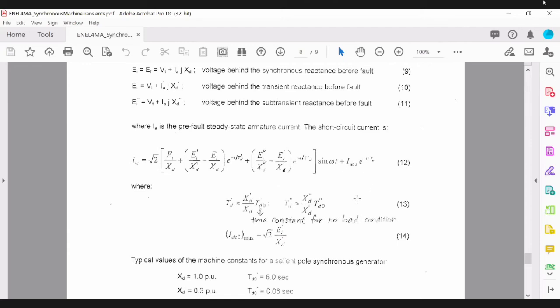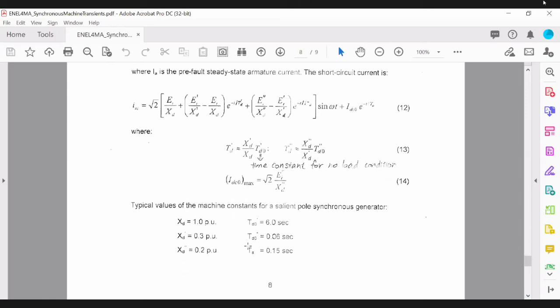And how you determine them, you use equation 13, and equation 14 you use to get the maximum DC, the value of IDC naught maximum.